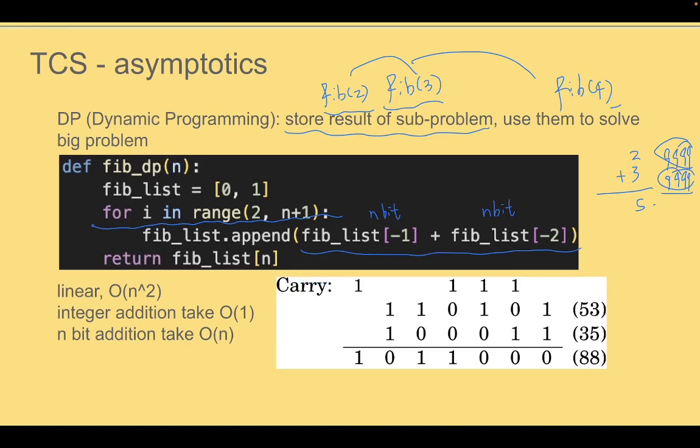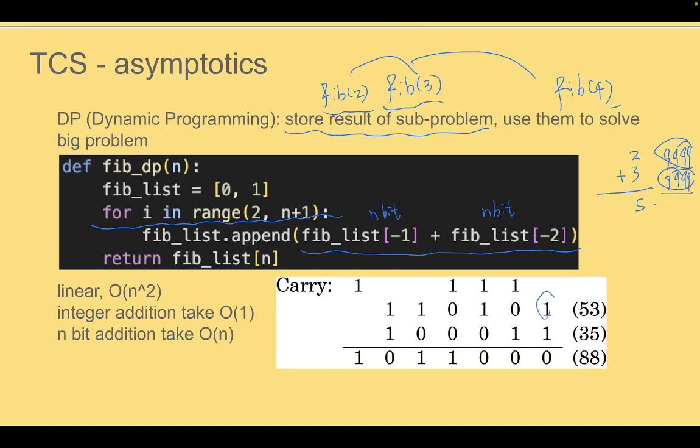In the computer the numbers are binary. Maybe I'm going to tell you why the numbers are binary in some computer architecture lecture in the future, but in the computer it's not decimal, the numbers are binary, and for example 53 in the decimal system looks something like this. And this is 1 bit, 2 bit, right?